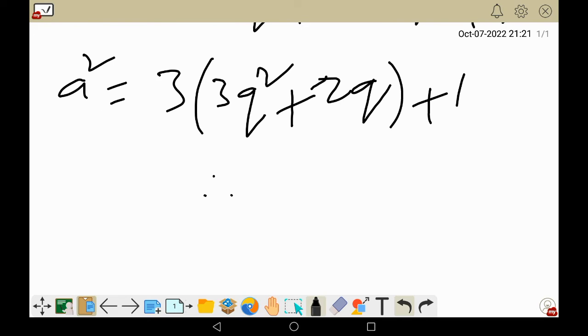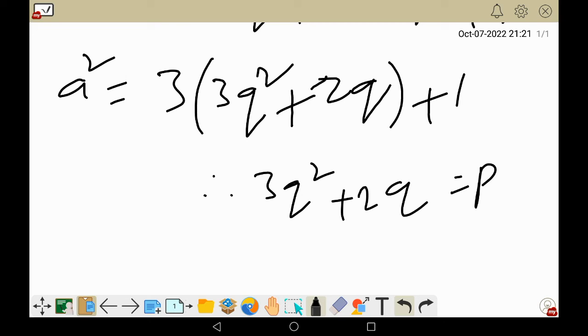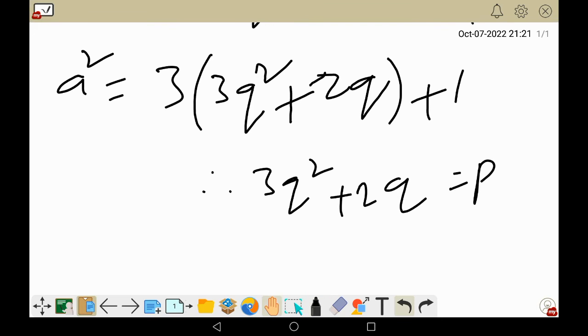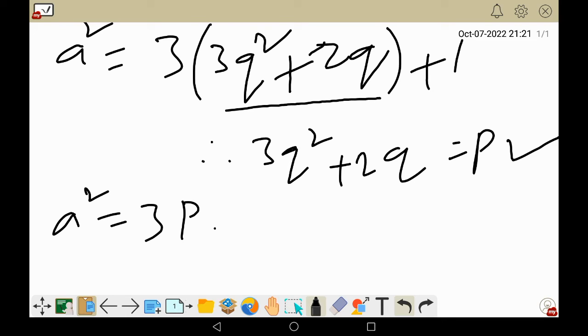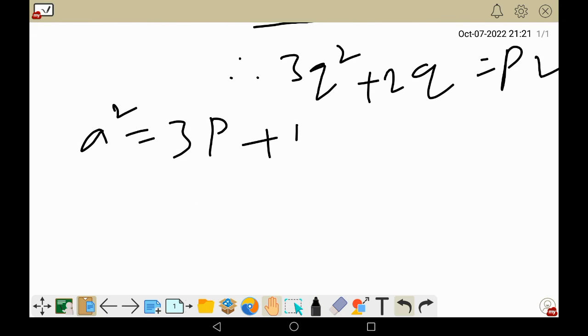Therefore 3q square plus 2q is equal to P. In the place of 3q square plus 2q we put P. So A square is equal to 3 into P, plus 1 as it is. The second case is completed. Now we are going to solve the third case.